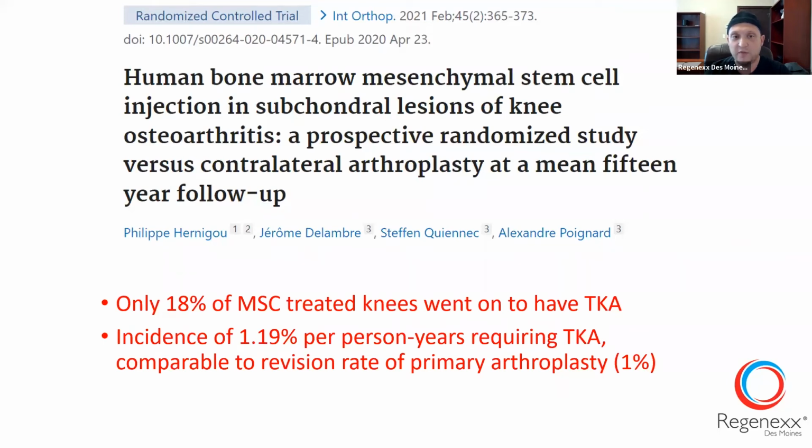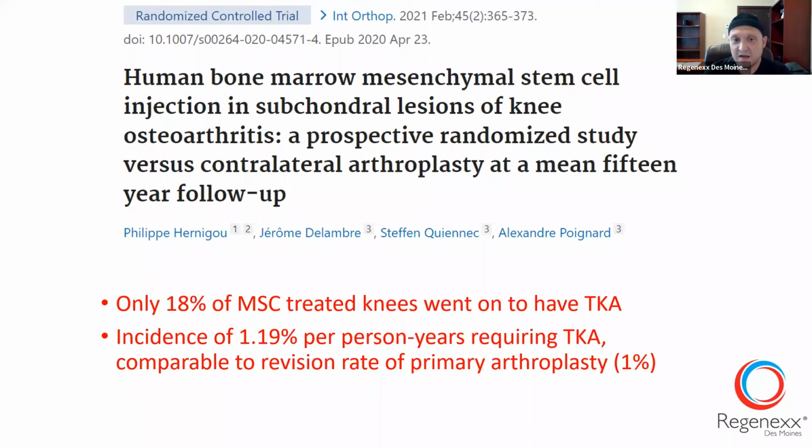And they said, well, wait a minute, what if we take one of those knees, because it's typically done as a staged procedure. You do one knee first, wait several months, do the second knee for bilaterals. They said, well, what if we took one of those and we did a bone marrow treatment on it inside the bone as opposed to inside the joint? And what they found was that of those patients, again, these are patients who said, yep, I'm ready to go to the operating room, here we go.